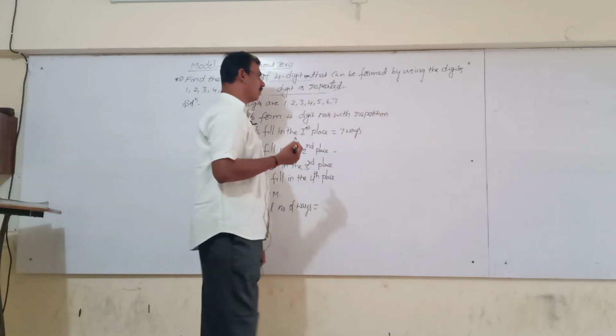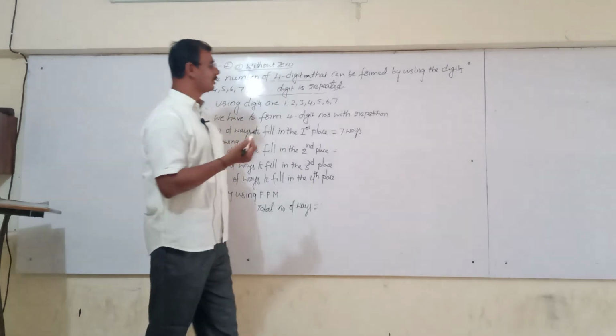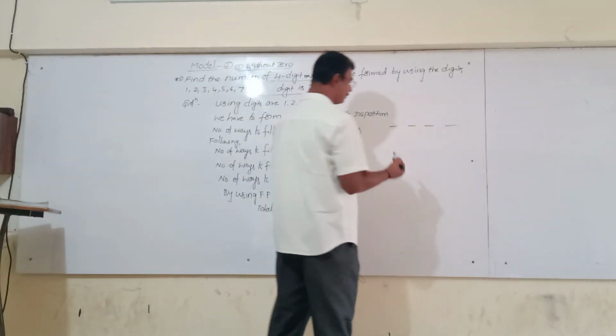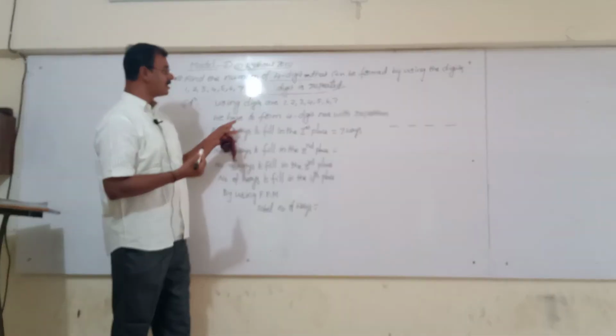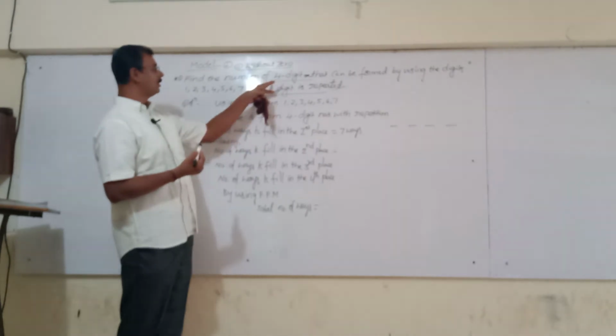We have to form 4-digit numbers with repetition. So take the 4 slots: 1, 2, 3, 4.